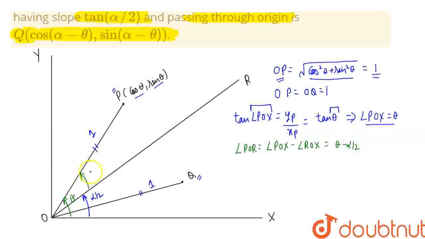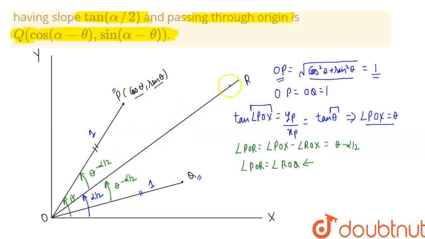So this angle we have computed as theta minus alpha by 2. Now since this angle POR is theta minus alpha by 2, so this angle ROQ would also be theta minus alpha by 2. Why? Because angle POR would be equals to angle ROQ by using the principle of reflection. Because Q is the image of the point P along this line OR. So these two angles would be equal.